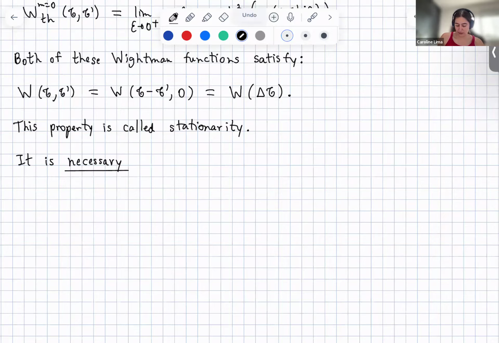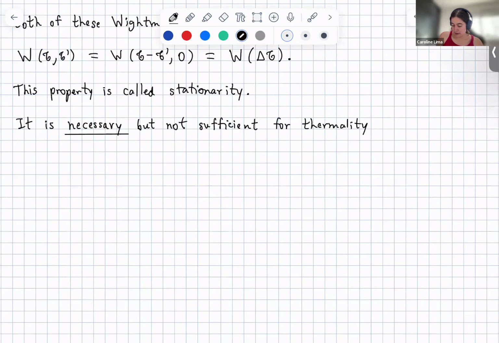for thermality. It's necessary but not sufficient for thermality. Okay, and this is defined by the KMS condition.